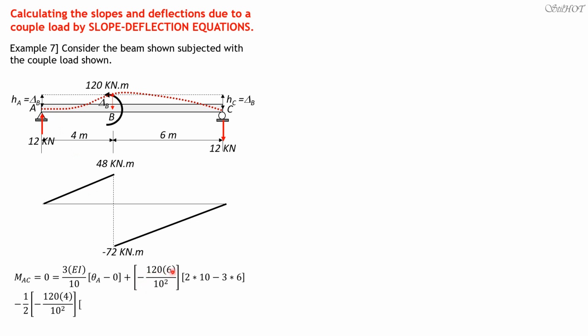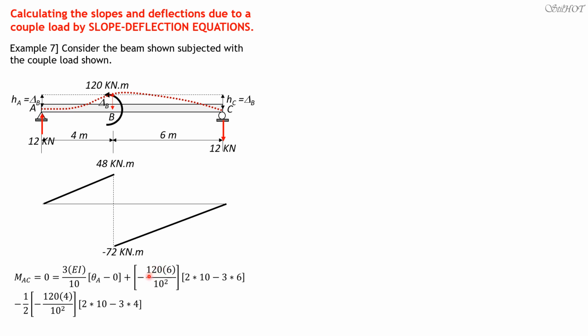Moment B over L square, the formula, and moment is negative because the applied couple is counterclockwise. From the formula, M is positive if it is clockwise. We just treat everything as positive. Then if the result is positive, it's really clockwise. But we consider negative 120 as negative 120 here.